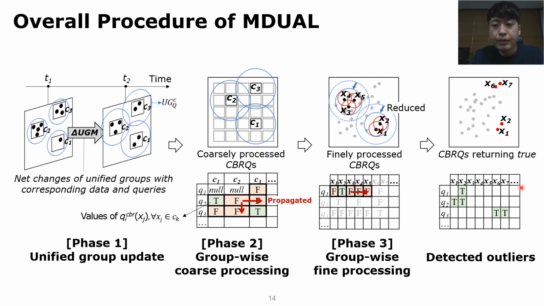And finally, CBRQs returning true and their pairs are reported so that users can know which data points are returned as outliers by which queries. Those three phases are conducted in every sliding window to get the distance-based outliers defined by different queries.